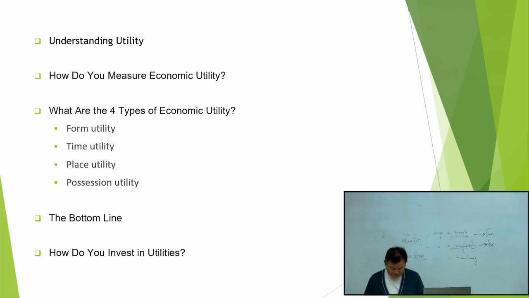Later we will study ordinal and cardinal utility. Ordinal utility refers to the concept of one good being more useful and desirable than another. Ordinal means first, second, third, something like that. For example, there are 5 apples.